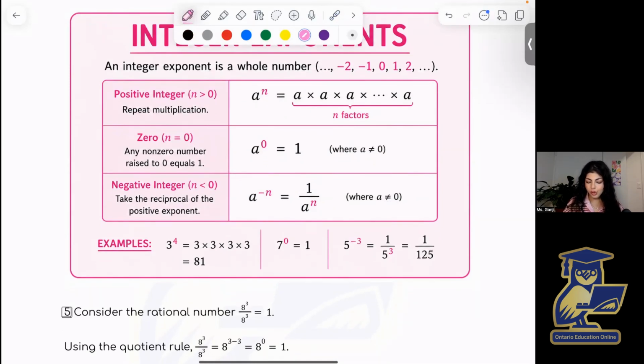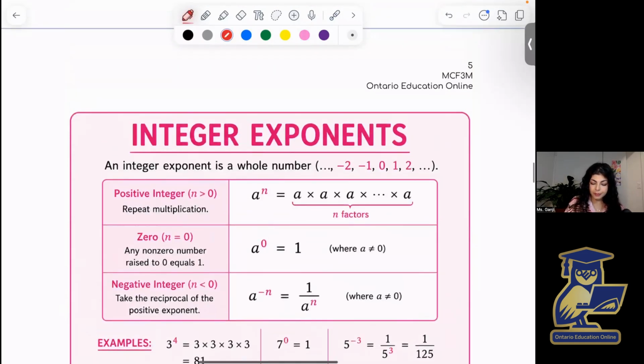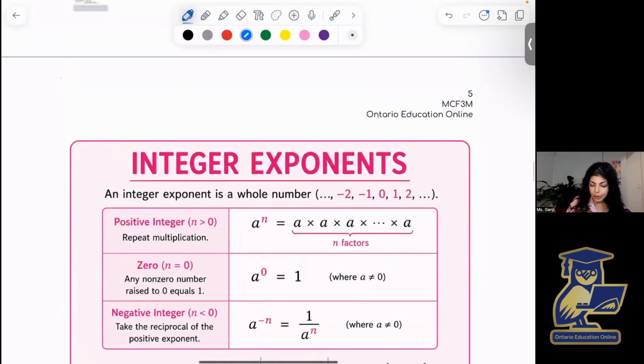Now, to show you briefly why, let me go over here. So consider you have 1 divided by 4 to the power of 3. Now, based on what we do know just by operations, this is 1 over 4 to the power of 3. But we can also write 1 as 4 to the power of 0, as we just saw, and then divided by 4 to the power of 3.